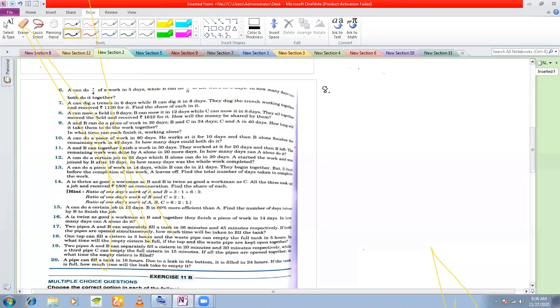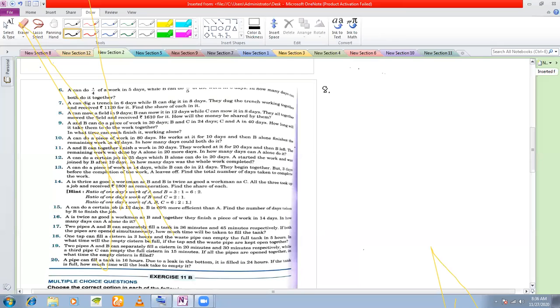So obviously they will not share equally, because A says that, see, I can finish the work in fewer days. I'm a more efficient worker because I can finish the work in less number of days. So I should get more money, right? B says that since I'm taking longer to finish, fine, I'll get less than you.